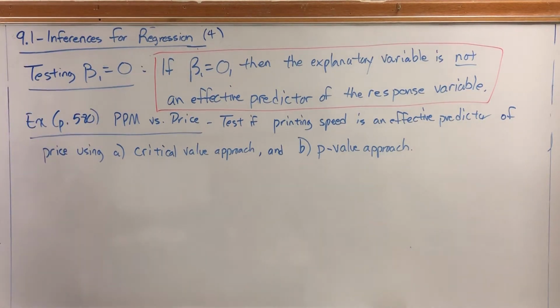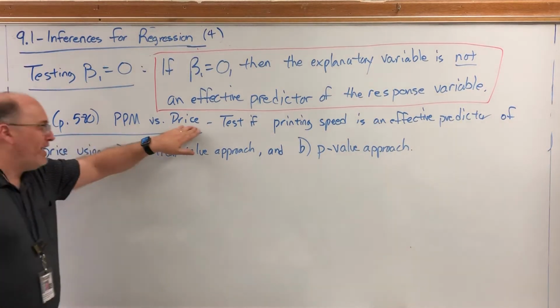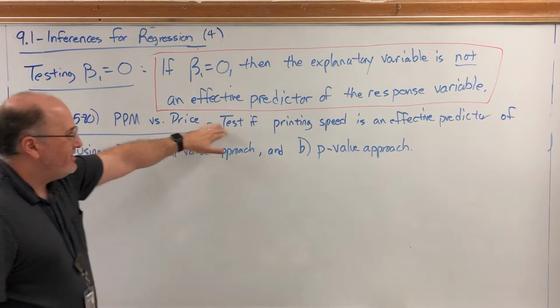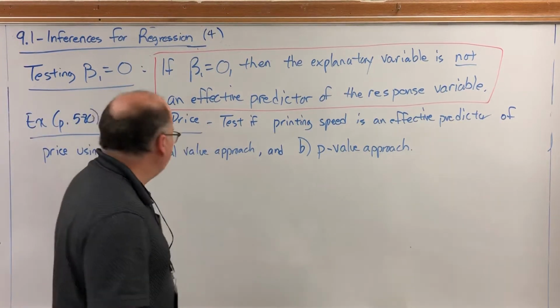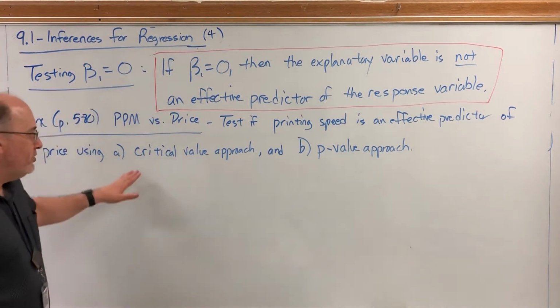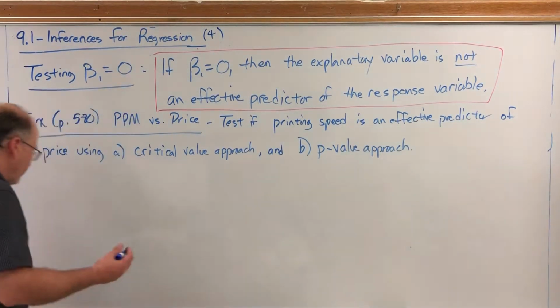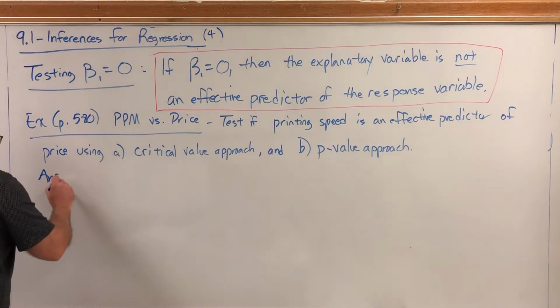For example, on page 580 in the printing speed versus price scatter plot for printers, we're going to test if the printing speed is an effective predictor of the price using both the critical value approach and the p-value approach. Both of these start out with hypotheses, so we should start there.